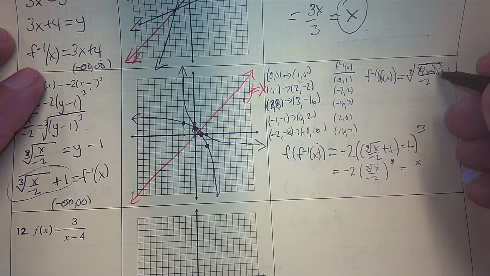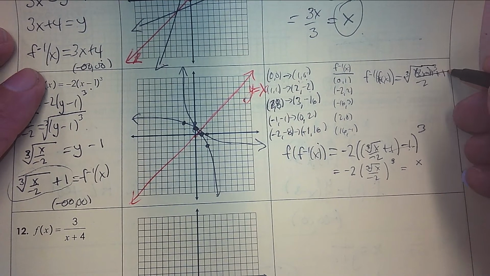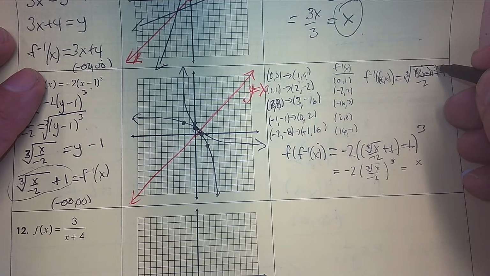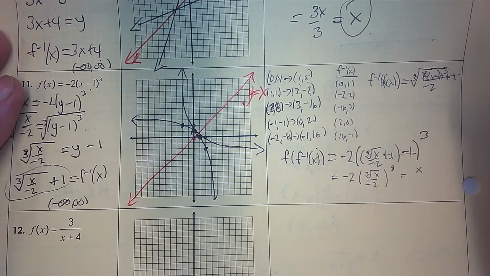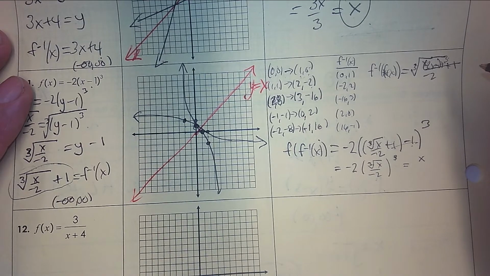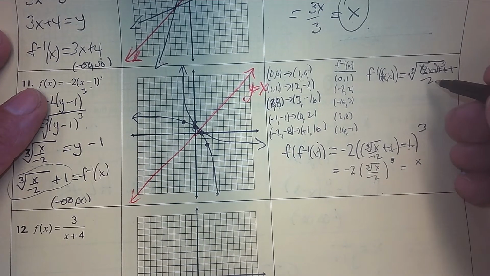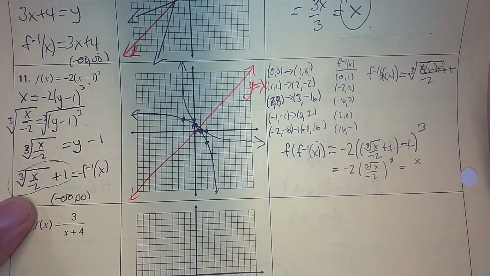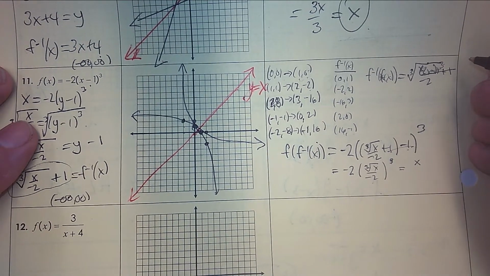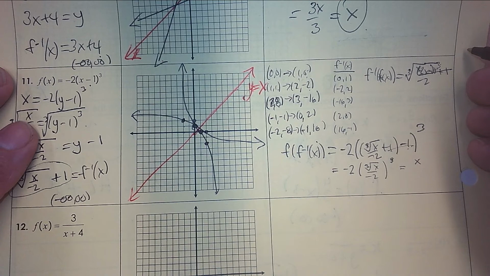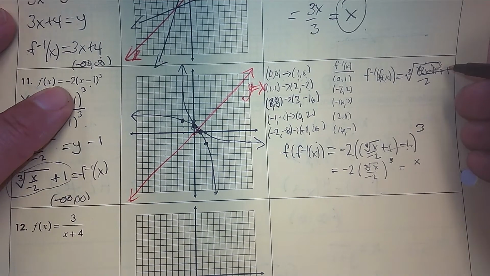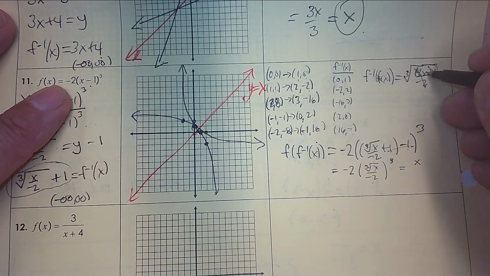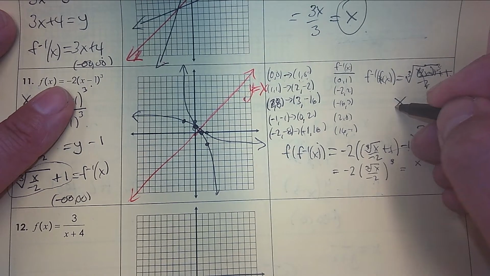So the -1 and the plus 1 go. The cube root of this is 2, and it leaves me with x. What's in front of all this? Cube root of this plus 1. The 2's cross out, the 1 minus 1's go, the cube root and root leave me with x.